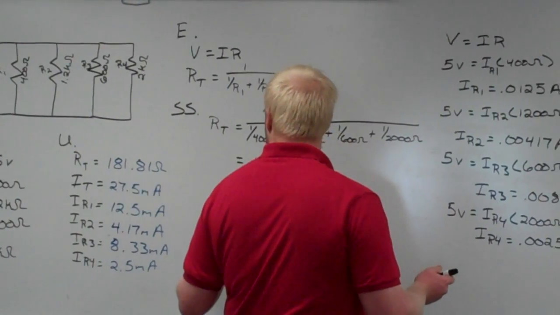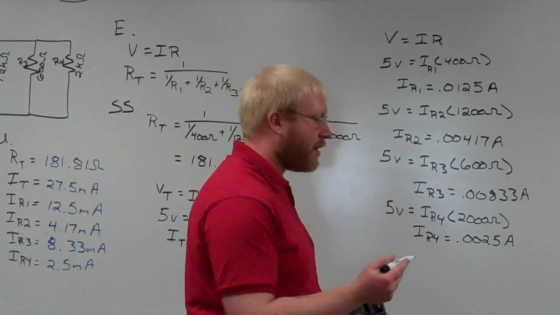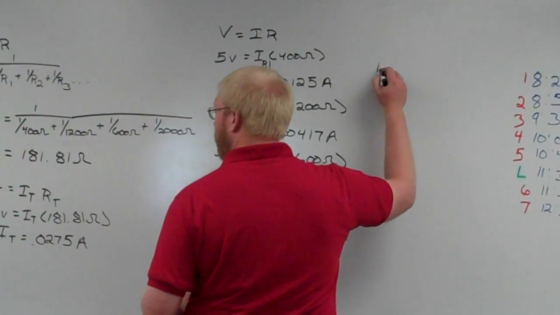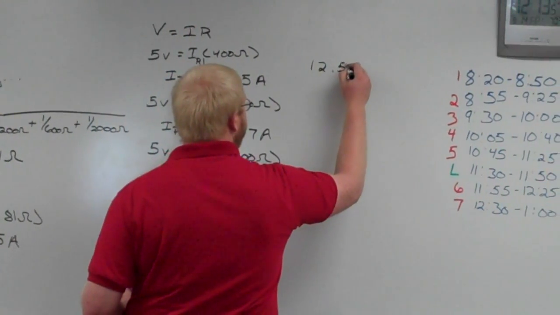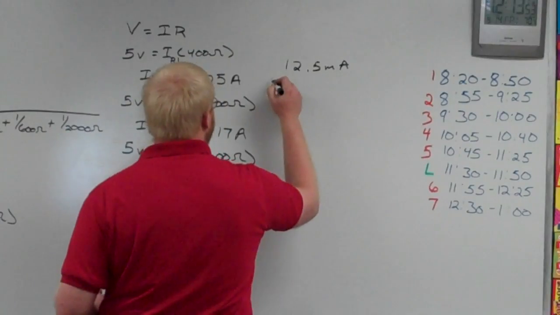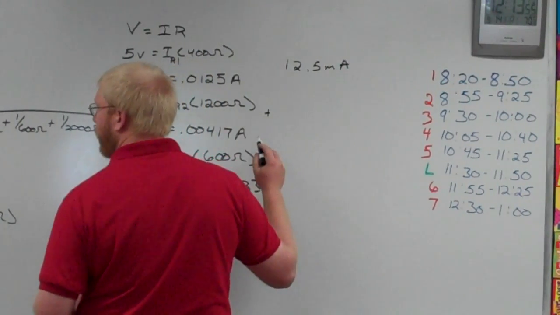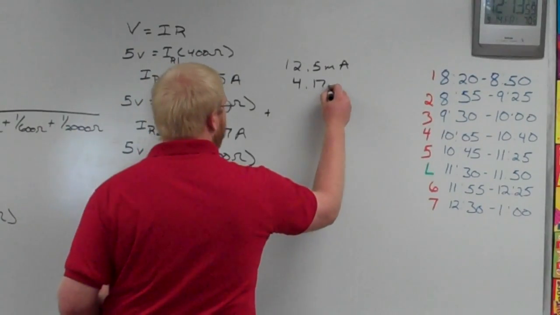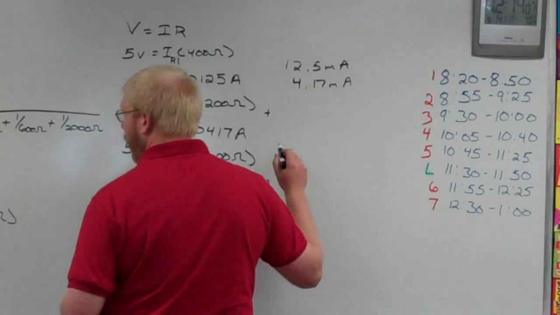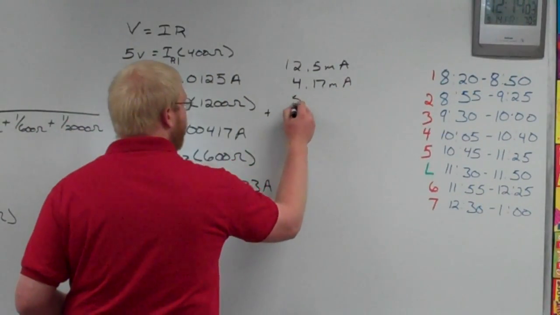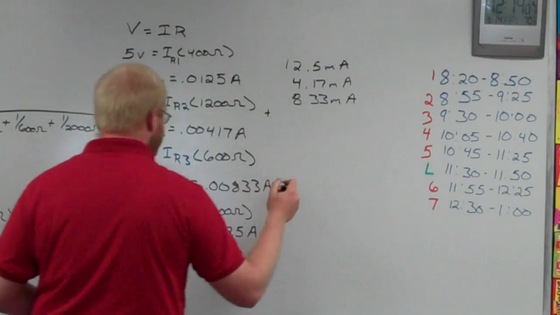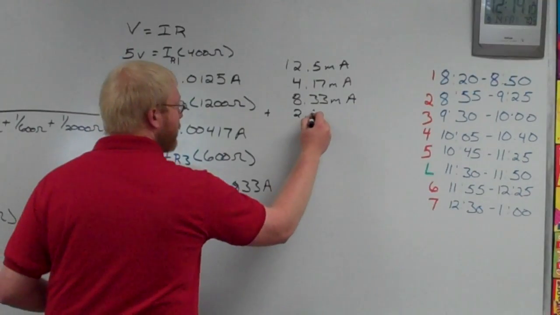Since all of them are in milliamps, we can leave them in that unit. 12.5 milliamps plus 4.17 milliamps plus 8.33, and the last one should be 2.5.